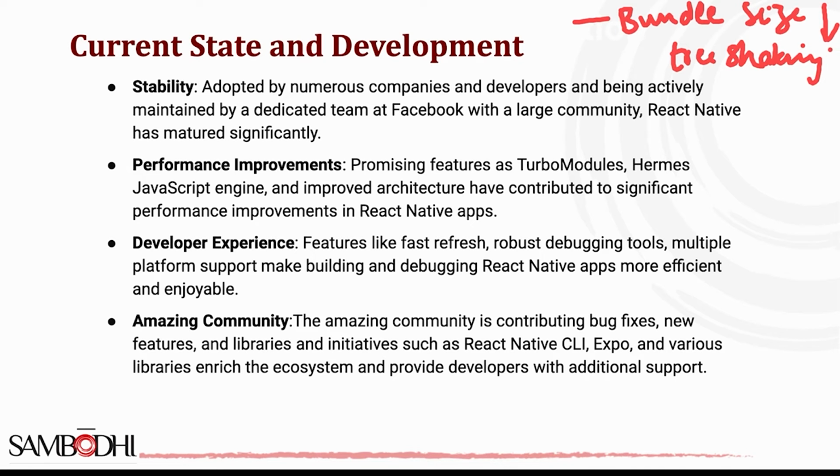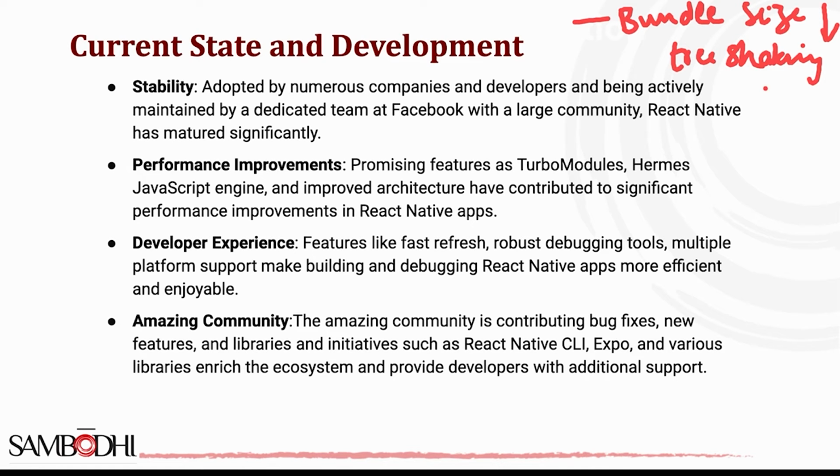Dead code elimination means that whatever code is not being used in the application, we remove it so that it reduces the size of the bundle. Techniques such as bundle compression are also there, and all of this results in faster app performance and lower memory usage.